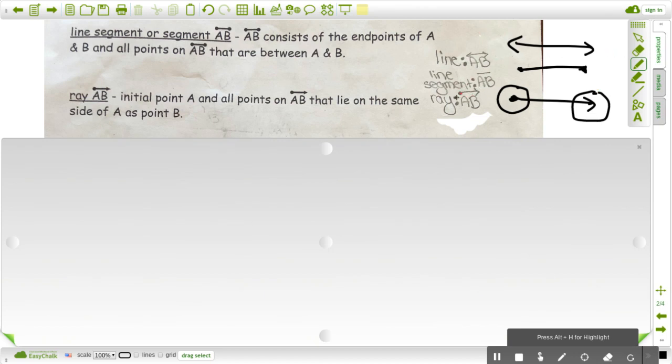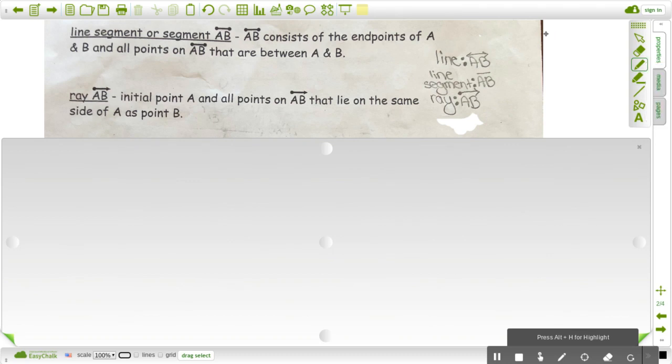You don't really need to add that dot over there. You can just write it like A, B, and then an arrow like that. So you don't really need to draw the dot here. But writing a ray might be confusing at first because you can draw rays in different ways.